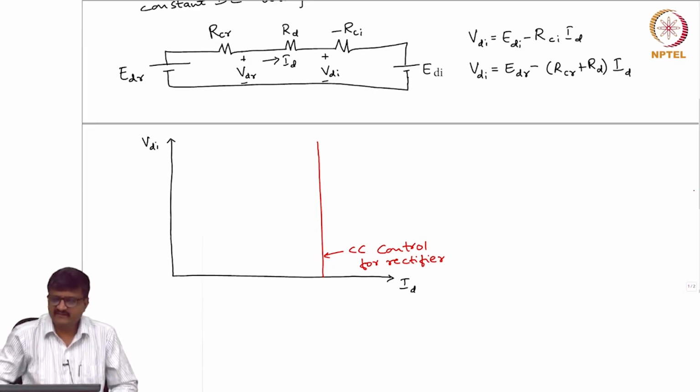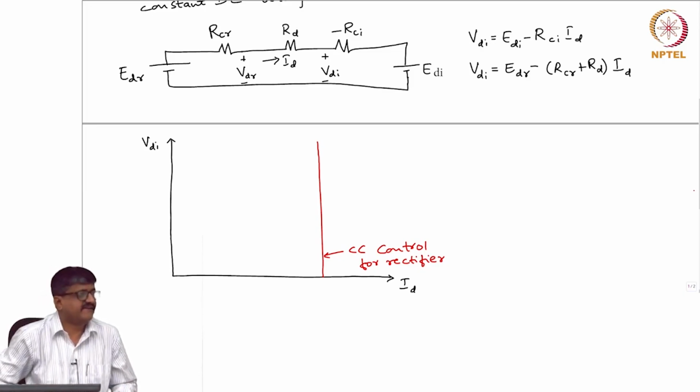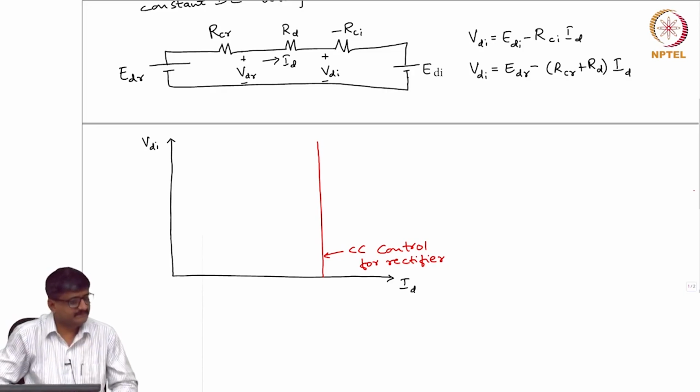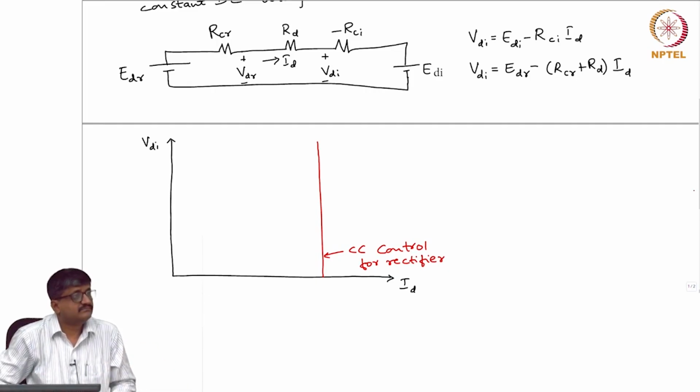In this graph, VDI is plotted as a function of ID. So, what will be the constant extinction angle characteristic in steady state? Yes, a straight line.